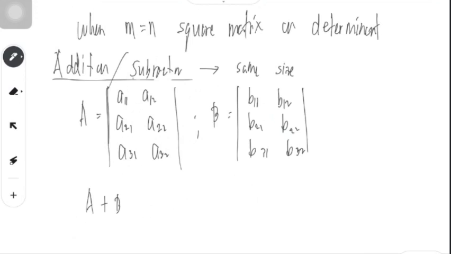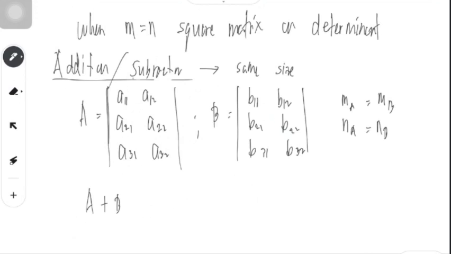So you can only add or subtract two matrices if they are of the same size. What I mean is that the number of rows of the first matrix must be equal to the number of rows of the second matrix. The number of columns of the first matrix must be equal to the number of columns of the second matrix. So, M stands for the rows. MA must be equal to MB. Then NA must be equal to NB.